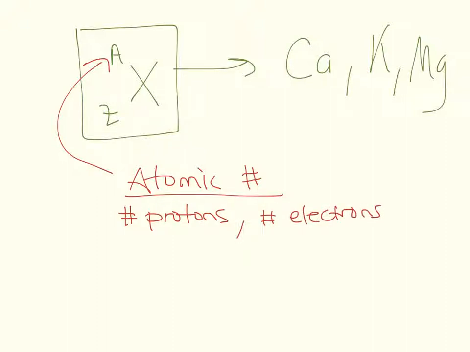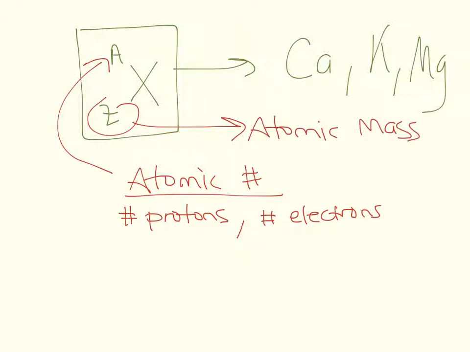and it tells us the number of electrons we have. The second number we see here is the Z, and the Z represents to us the atomic mass. Now, some of you have asked me a really excellent question, which is that in some other examples, whether it's on the internet or in different books, the A and the Z are flipped, so the A doesn't represent the atomic number, but it represents the atomic mass.